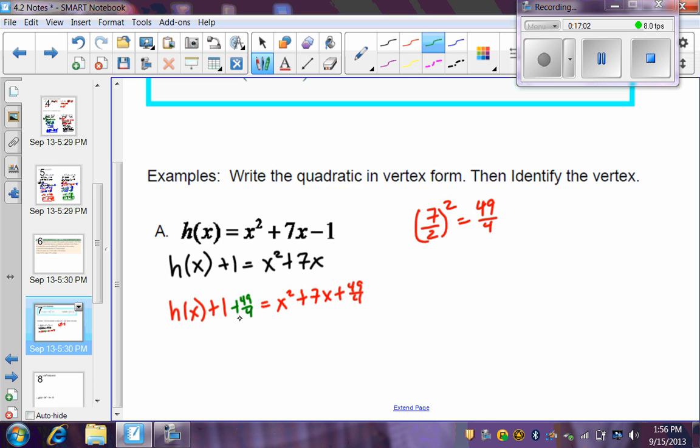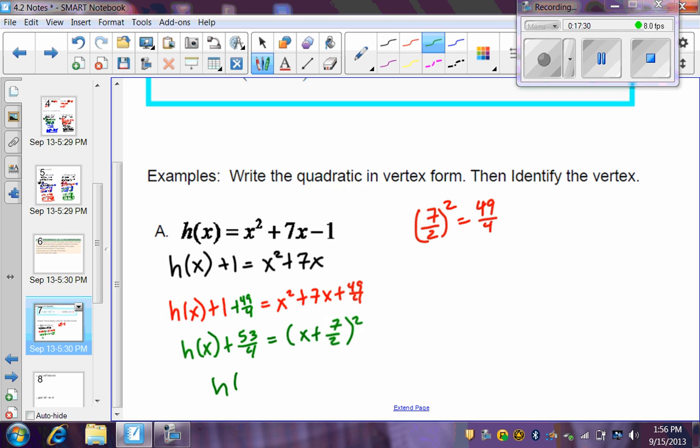So in my calculator, 1 plus 49 over 4 converted back to a fraction, that would give me h of x plus 53/4 equals, this is a perfect square trinomial, so that factors to x plus 7/2 squared. And then the last step is to move this constant back over so that you have your k value.